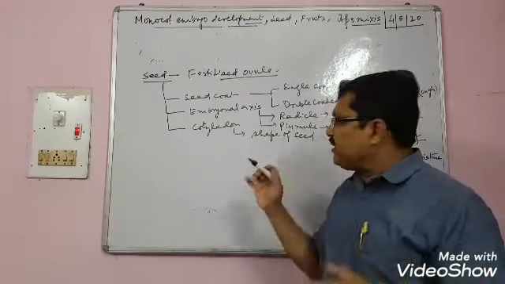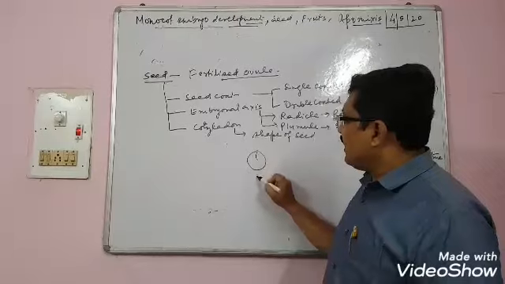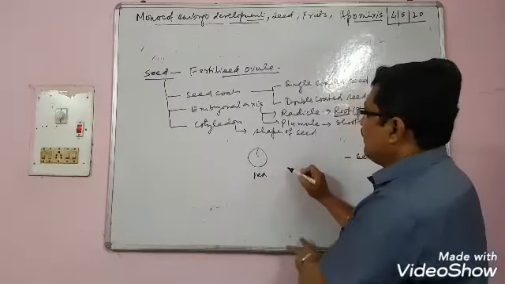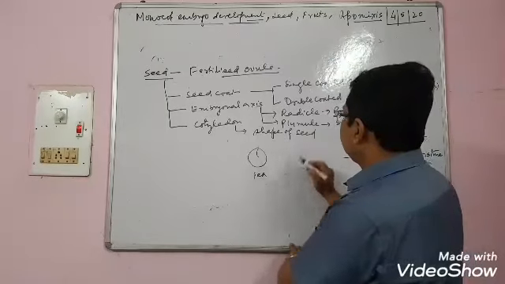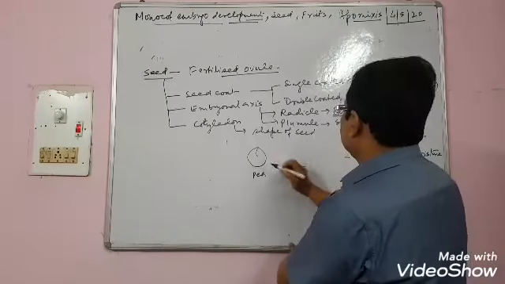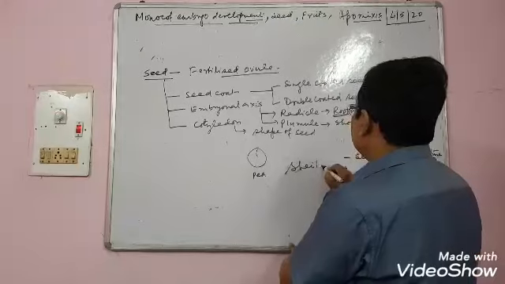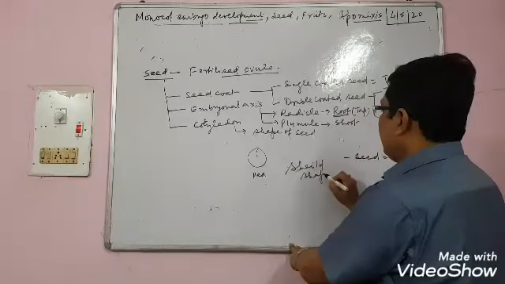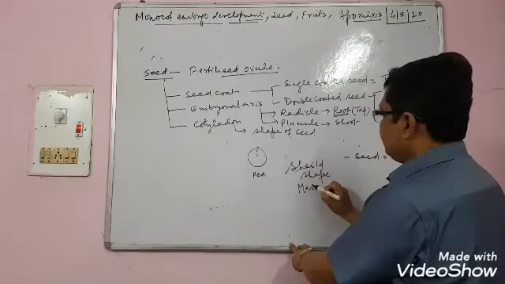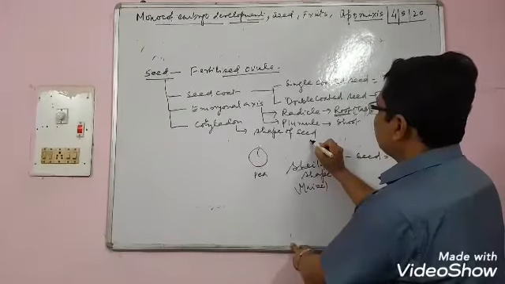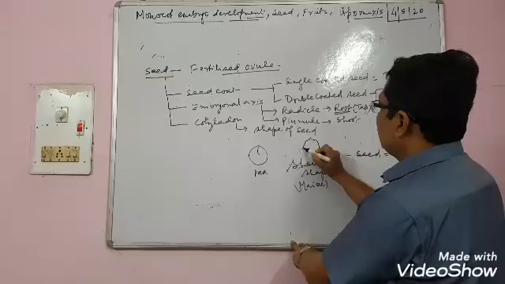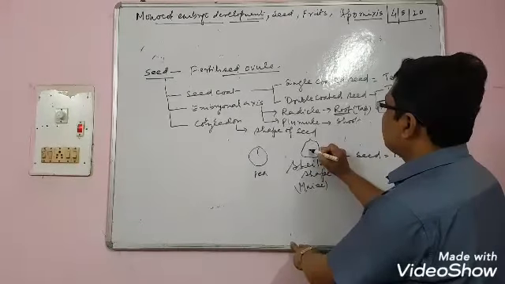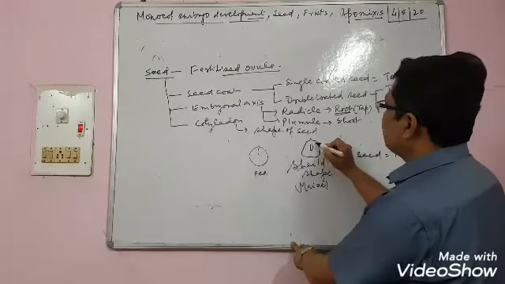It may be spherical like pea, may be shield shaped in the case of maize, like this, like such types of seeds.